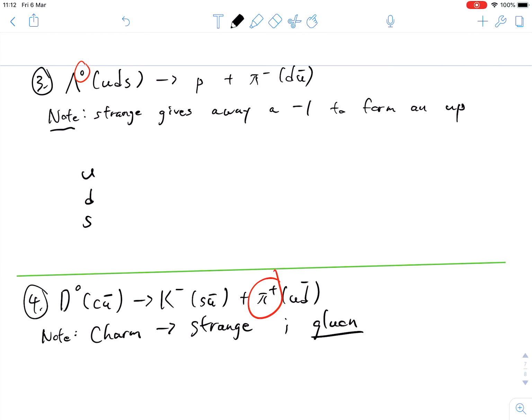So up, down, and strange is what this hadron is made up of. And it's forming a proton. So proton is up, up, and down. So that's our proton. Then we also have a pi negative. The 0 there indicates that it is neutrally charged.